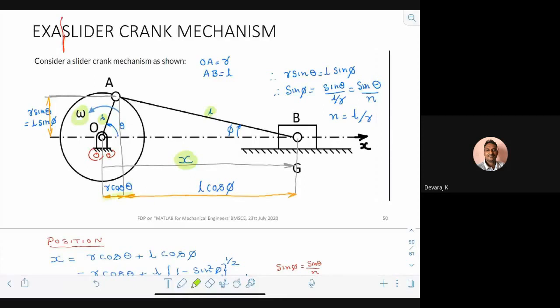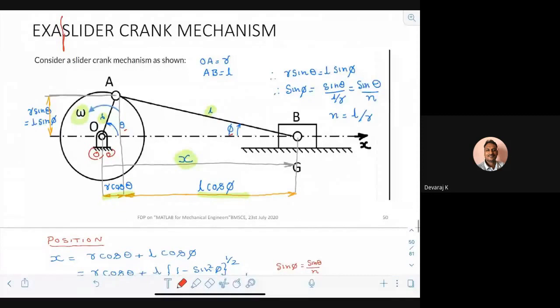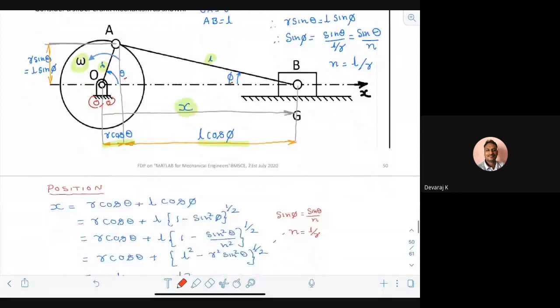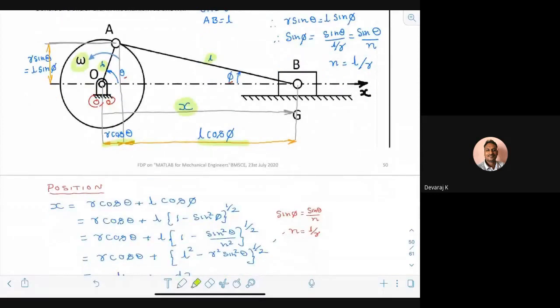Theta is the crank angle, and phi is the angle made by the connecting rod with the line of stroke. The horizontal component of the crank is r cos theta, and the horizontal component of the connecting rod is L cos phi. So at any point of time, the equation for x is r cos theta plus L cos phi.